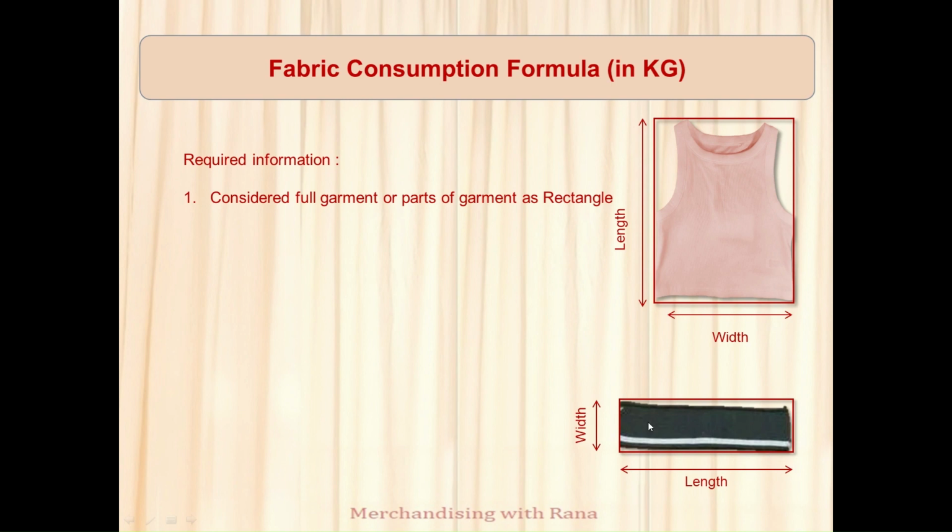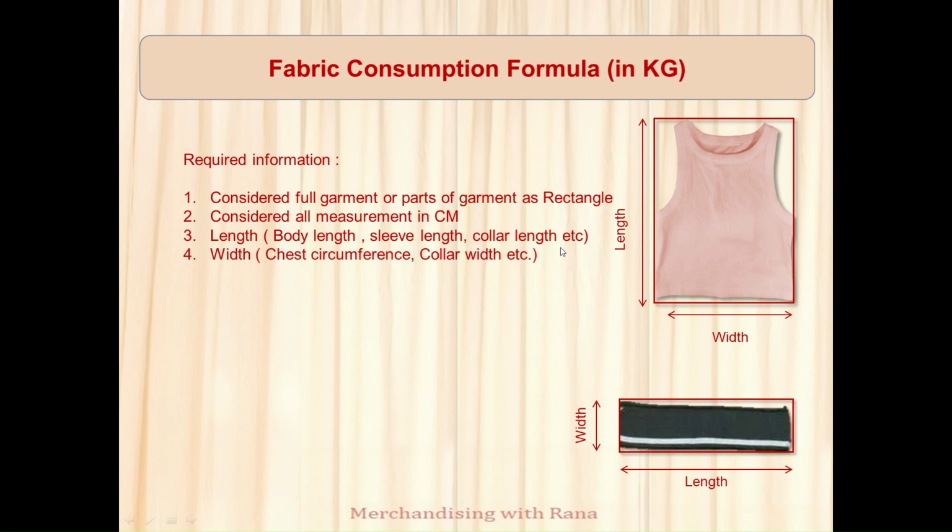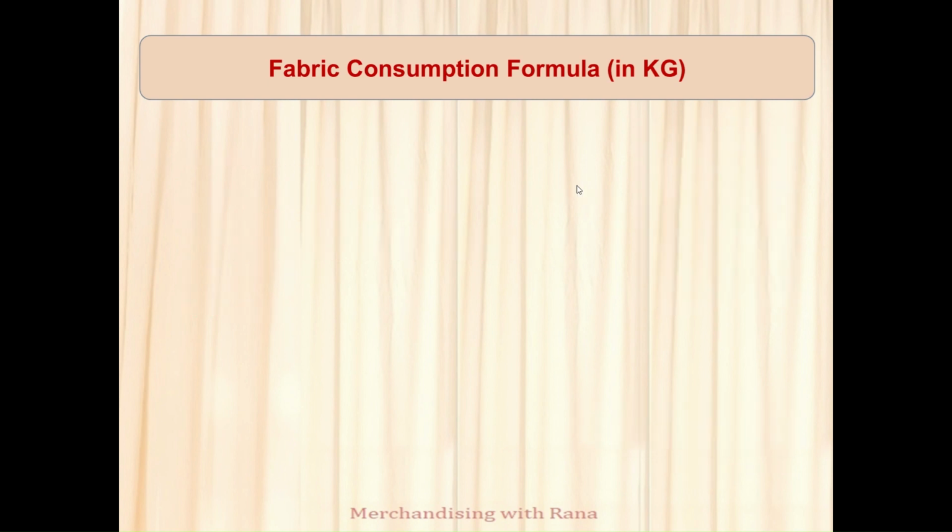It has a length and a width, and consider all measurements in cm. Length means body length, sleeve length, collar length, etc. With chest circumference, normally we take half chest circumference. Then collar width, seam allowance, GSM, and wastage percentage.